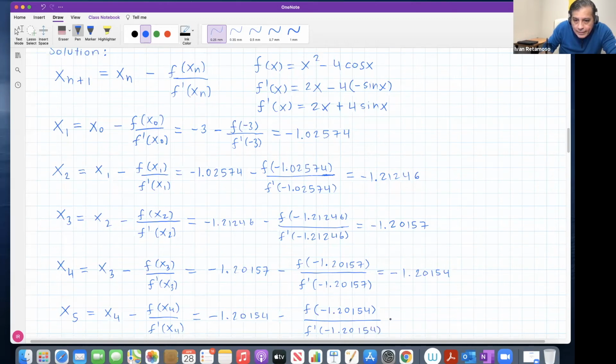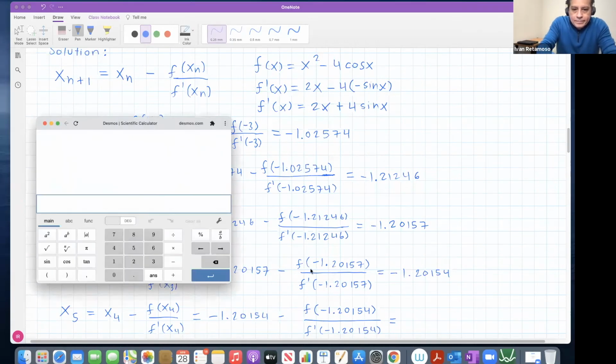Let's see what we get now. All right, going to the Desmos calculator. We do negative 1.20154 minus a fraction. I'm just going to copy and paste this.